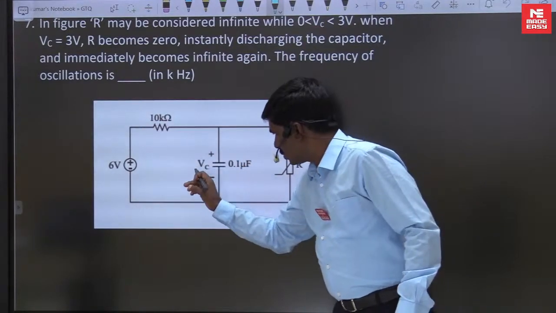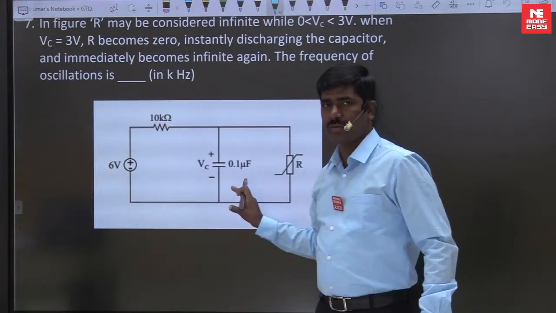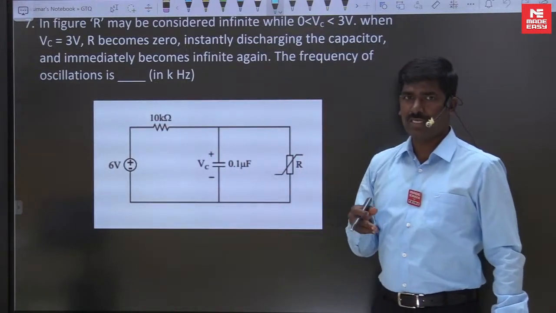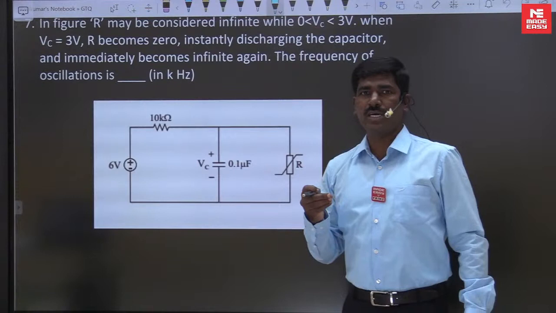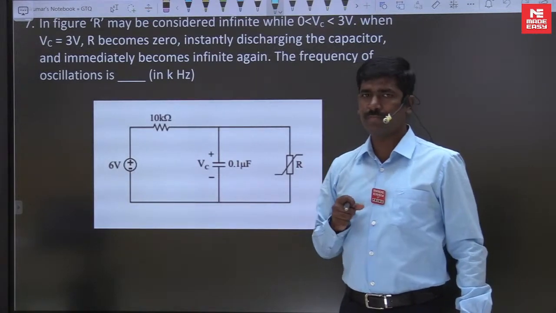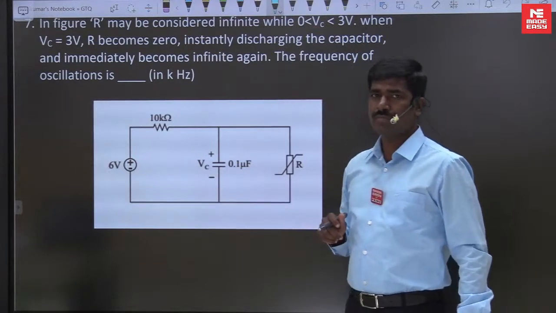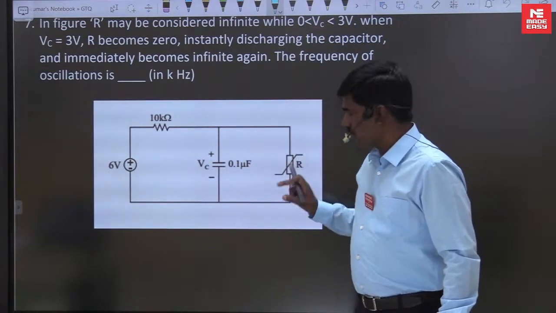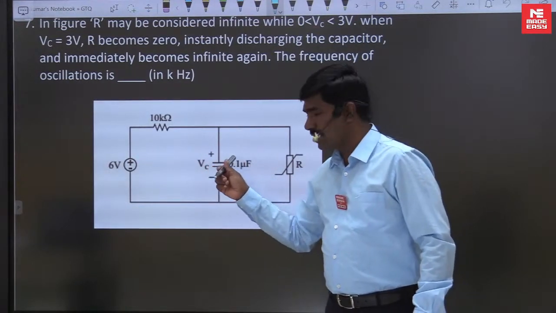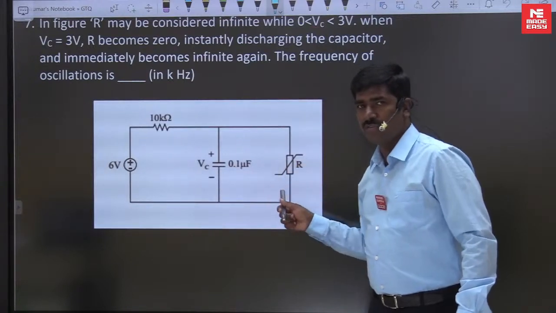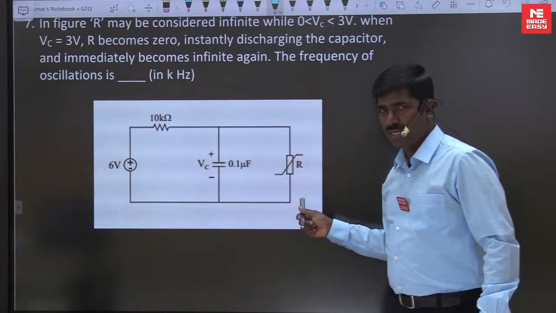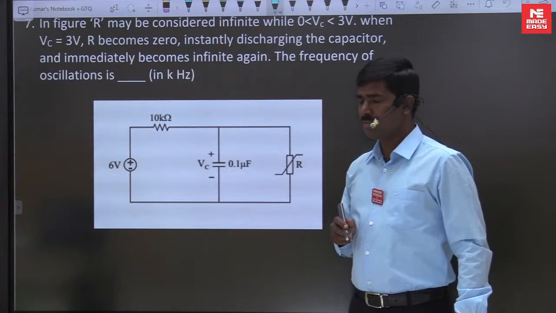The capacitor is charging just like an RC circuit. When our capacitor is charging, the initial voltage on the capacitor is 0 volts. The final value is how much? While the capacitor is charging, the R value is infinite, so no current flows through the resistance.